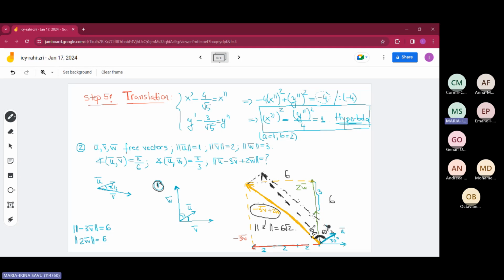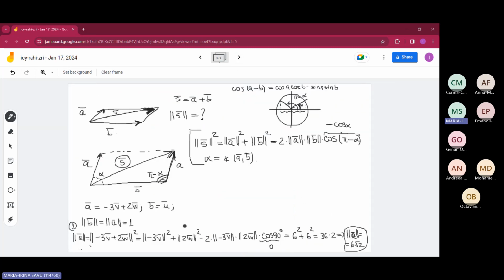So you have 105 degrees here, but the angle is pi over 3 plus pi over 4, because 60 degrees is pi over 3 and 45 is pi over 4. Okay, so this is the angle between A and B. I'm going to write it in this way. The angle between A and B is pi over 3 plus pi over 4.